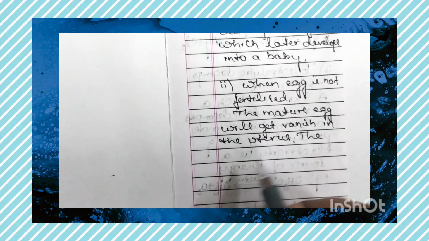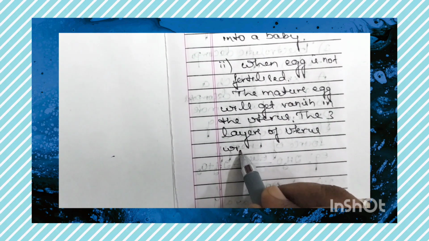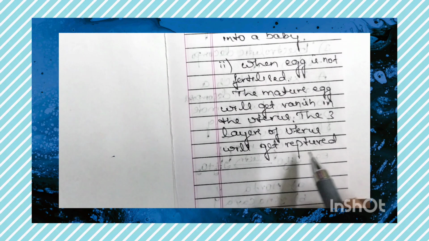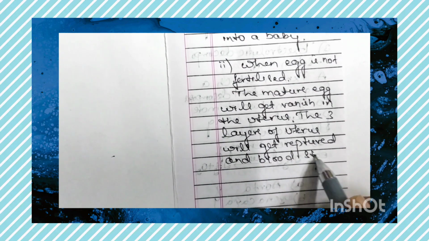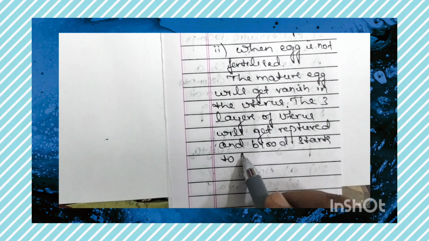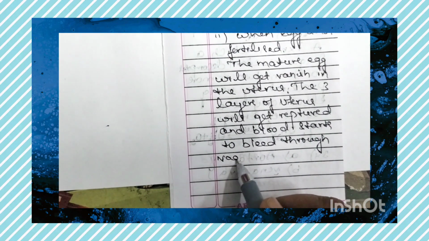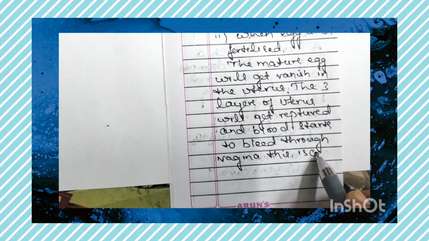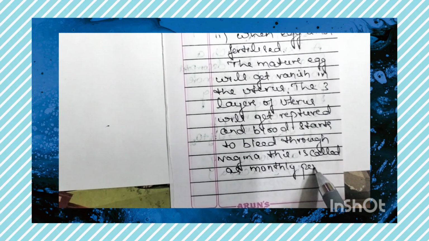The three layers of uterus will get ruptured and blood starts to bleed through the vagina. This is called monthly period.